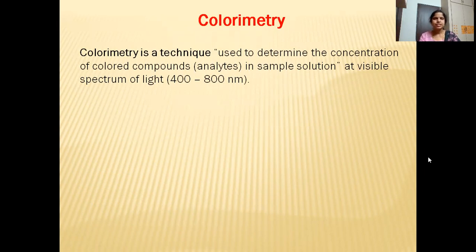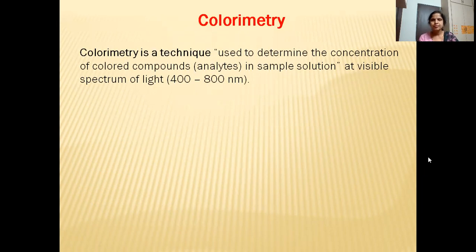So what is colorimetry? It is a technique used to determine the concentration of colored compounds in sample solution at visible spectrum of light. Just remember that the sample solution we are taking should be colored.